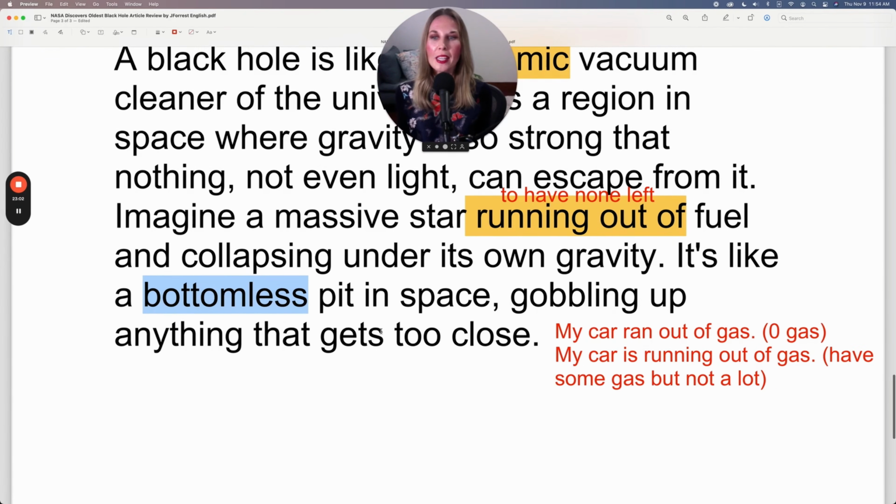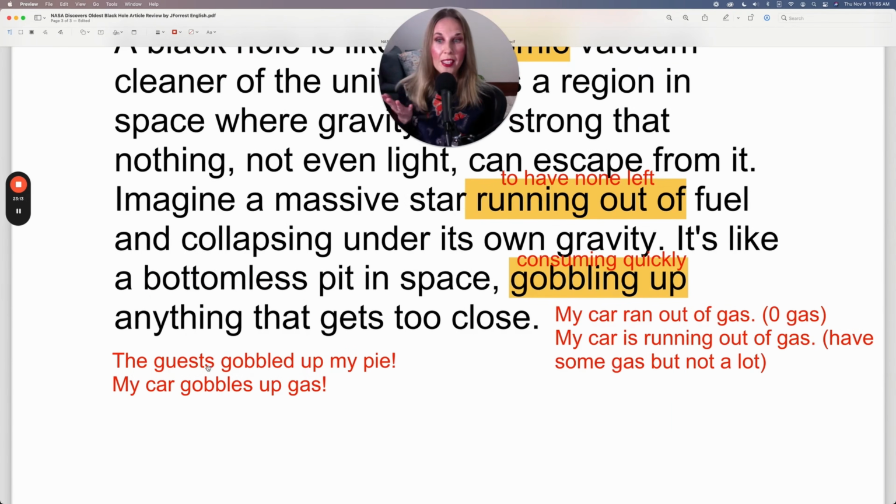Now, gobbling up anything that gets too close. Gobbling up, this is a way of saying consume quickly. For example, the guests gobbled up my pie, so they consumed it quickly. Because your pie was really good. It was delicious.